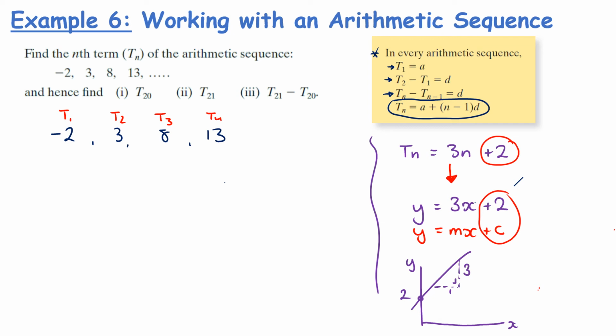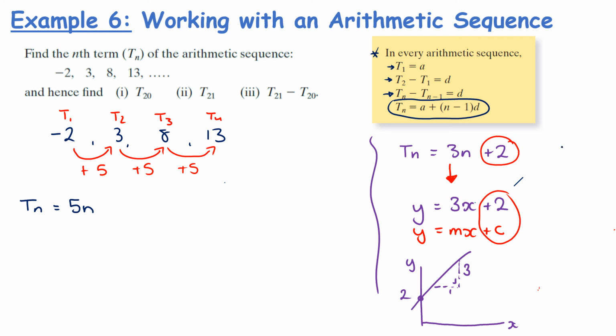Now, why am I talking about the line when we're not doing anything about the line? Well, if I find the common difference, so I'm adding 5 each time, I can quickly find part of my general term. That is always going to be 5n. The problem comes when I try to find that last piece, the constant.